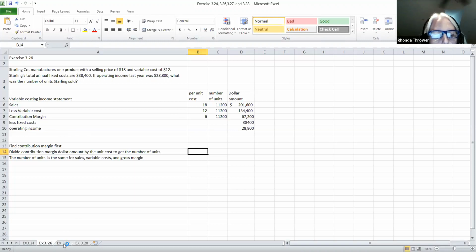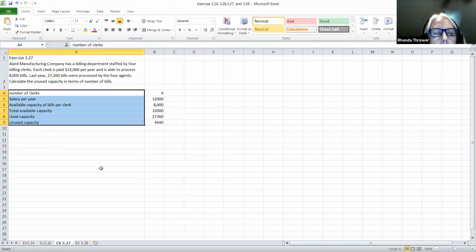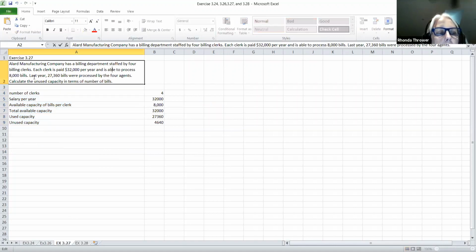In exercise 3.27, there was also a multiple choice question. And so this was the question here. Allard Manufacturing Company has a billing department that is staffed by 4 billing clerks. So I wrote down the number of billing clerks first.